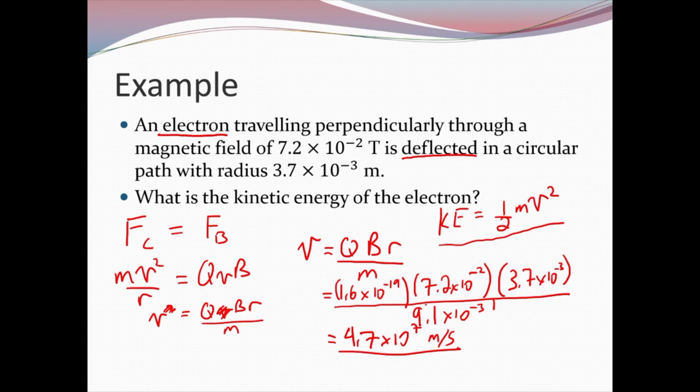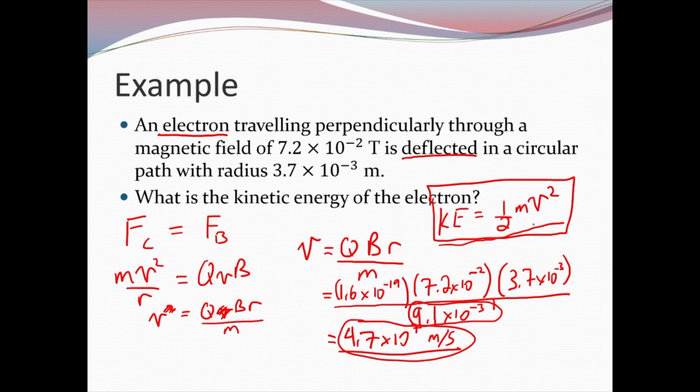Putting the mass and the speed of the electron into this equation, we get a kinetic energy of about 1.0 times 10 to the negative 15 joules. In electron volts, that would be about 6,281 electron volts, give or take.